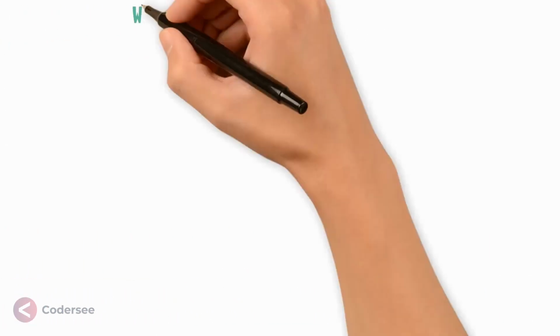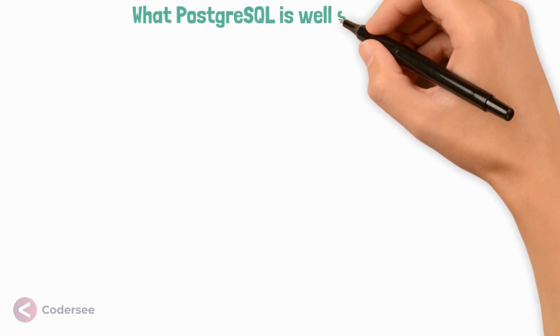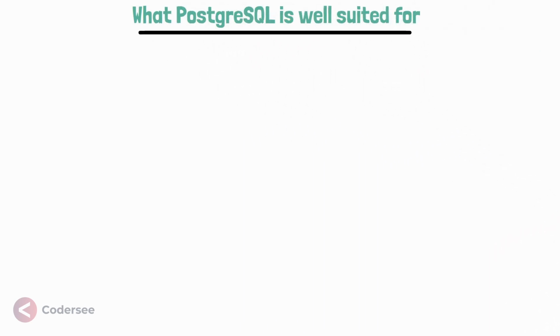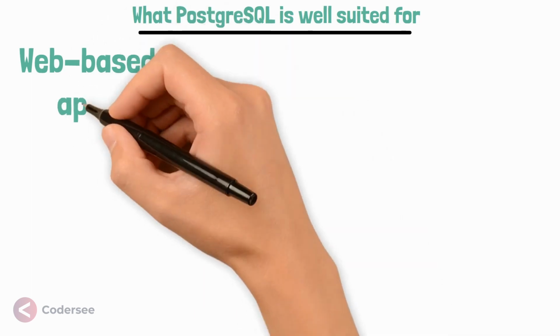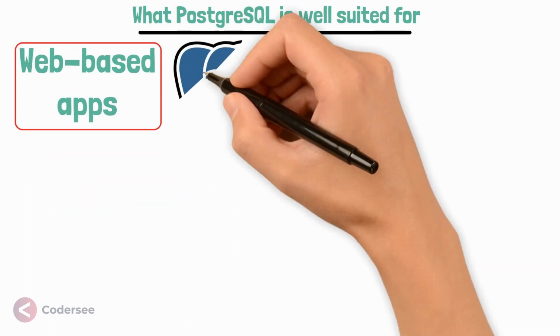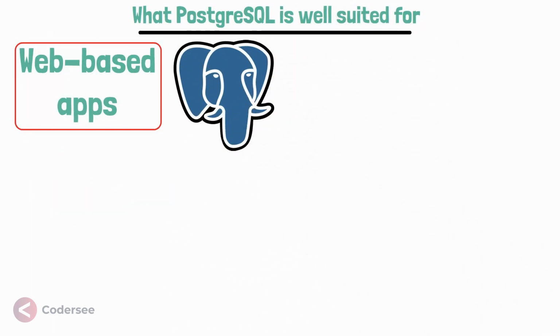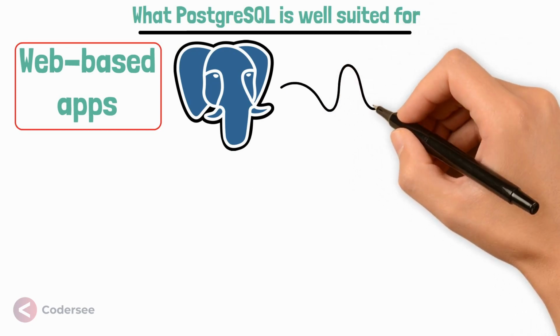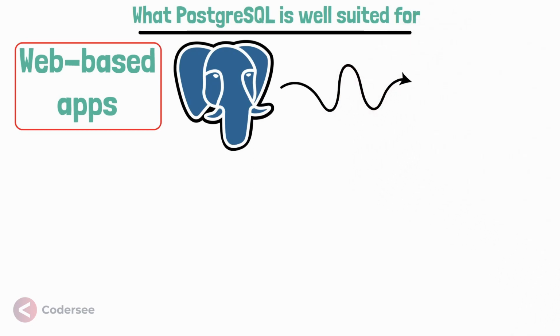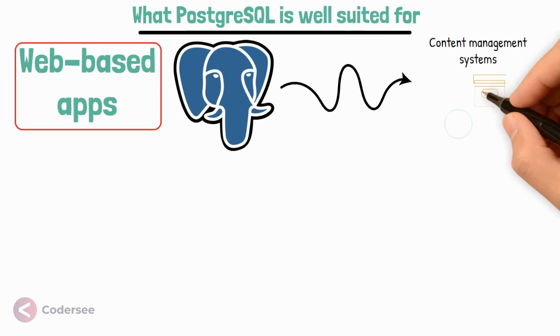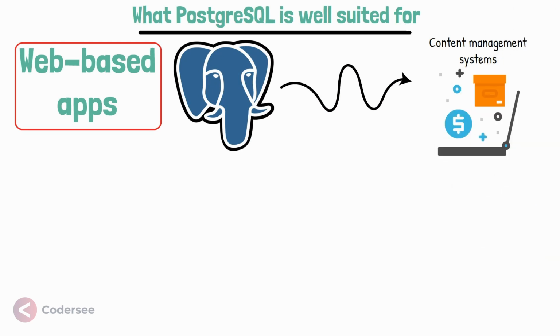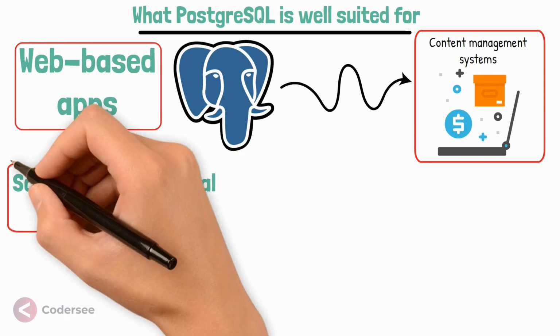As the next thing, let's see what PostgreSQL is well suited for. First of all, web-based applications. PostgreSQL, with its great support for different, even complex data types and other features, can be a great solution for content management systems, e-commerce platforms, etc. On the other hand, scientific and financial applications.